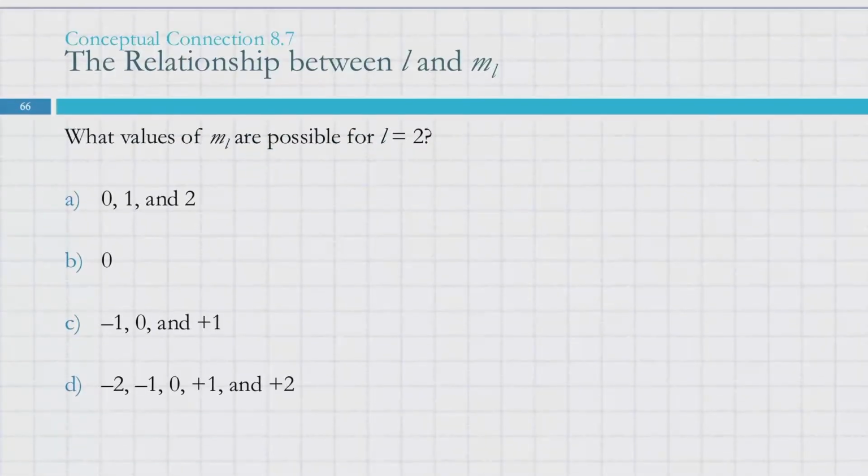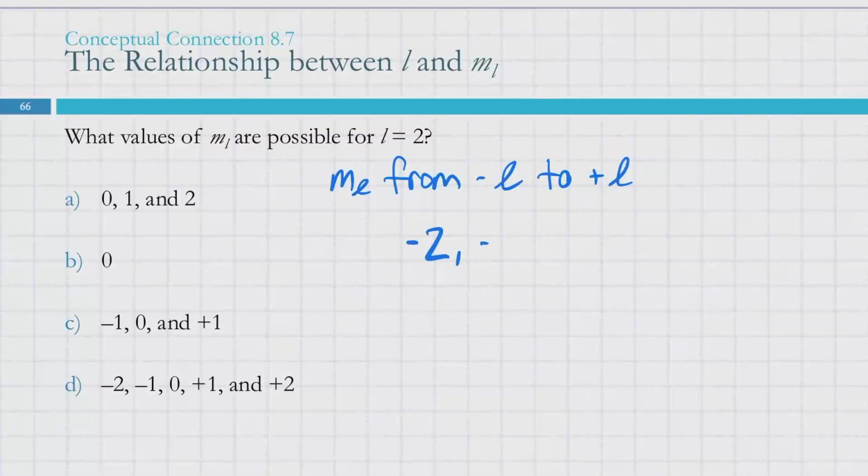If we have L equals 2, our angular momentum quantum number is 2, what are the magnetic quantum number options? The correct answer here is D. M sub L goes from negative L to positive L. It's whole numbers, integers, counting numbers. Those are all slightly different sets, but they sort of convey the same information.